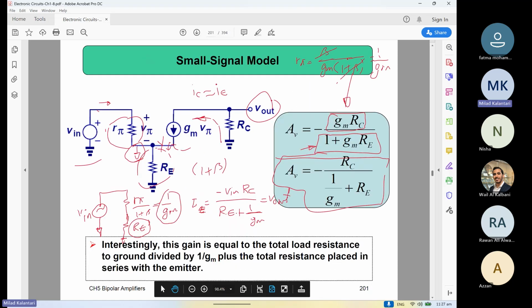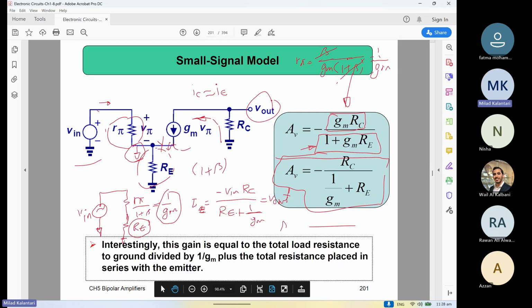So from here, there are some other properties. In fact, this degeneration, though it reduces the gain, makes the gain insensitive to GM. If you assume that GMRE is larger than 1 enough, right?